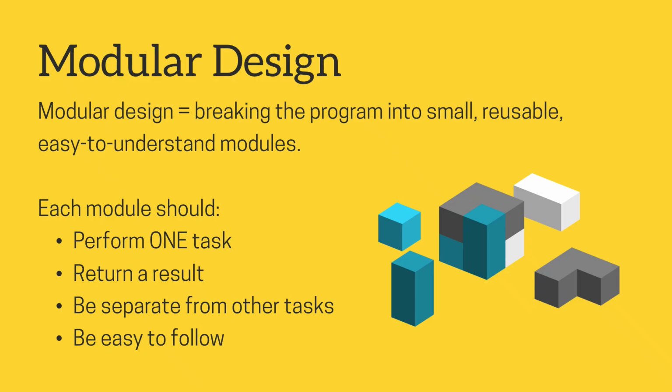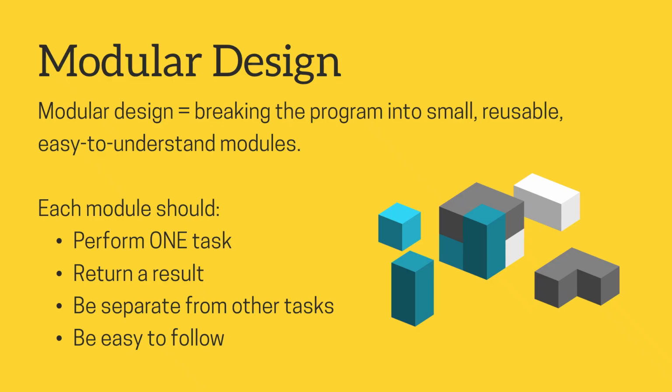Now, I did want to spend a little bit more time on this week's lecture on modular design, because this is probably one of the most important skills in programming and one that makes or breaks, say, your final project. So basically, what is modular design? Modular design means breaking your program into small, well-defined parts. And we've had a lot of practice with this, where each part or module performs one specific job.